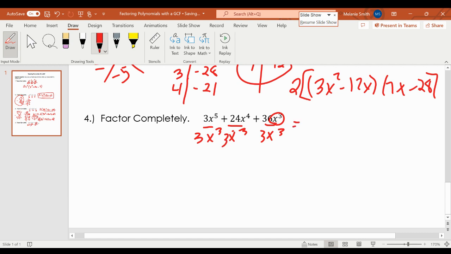And that gives me 3x cubed on the outside. And then x squared plus 8x plus 12.